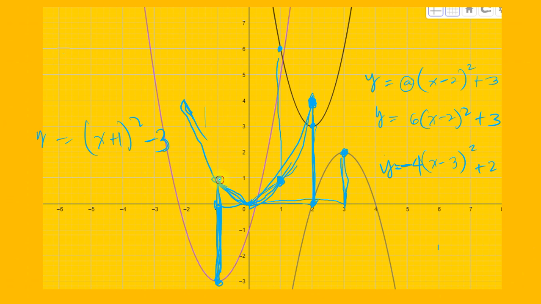Then after that, move all points by 2 units up. So meaning this is our final graph. I'm just gonna use another color.